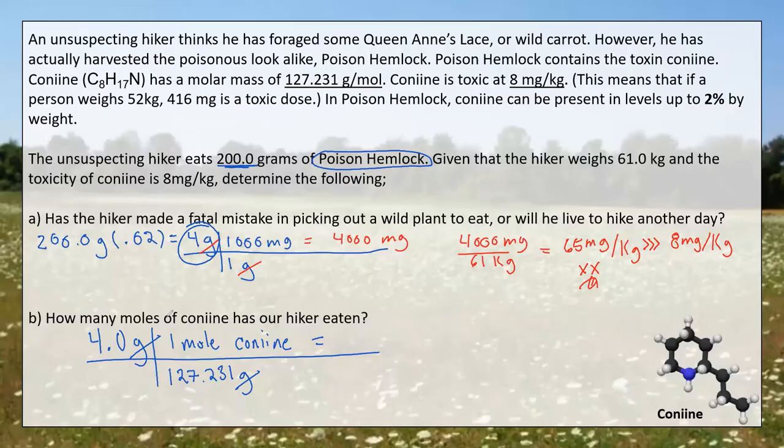I get 4 divided by 127.231. I get 0.03 yada yada yada moles, but for the sake of the number of digits we have in this measurement, which is probably the most difficult one to get a measurement of, if we're talking about analytical chemistry, we're going to go with 0.03 moles, and it was a toxic dose.